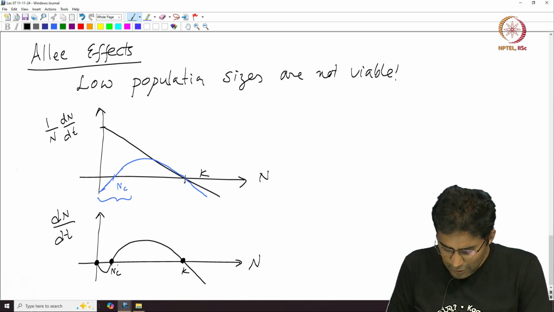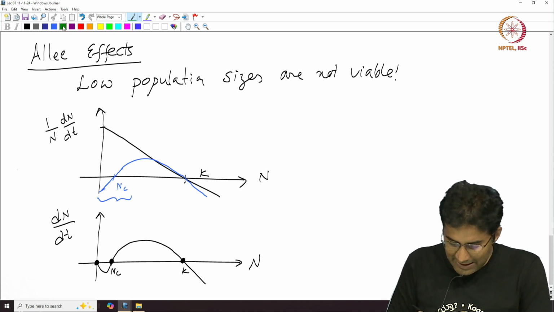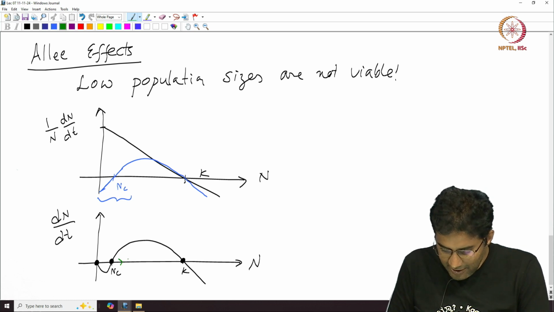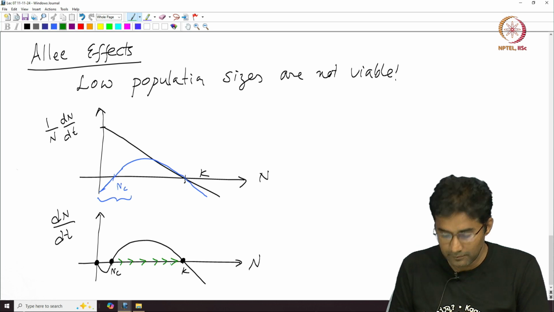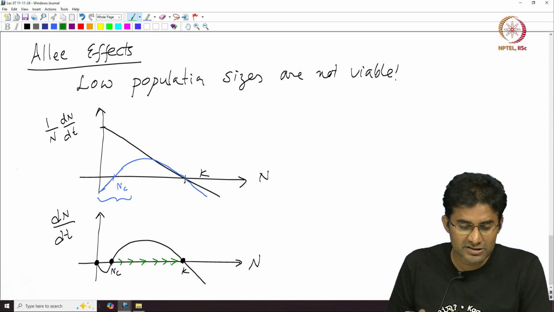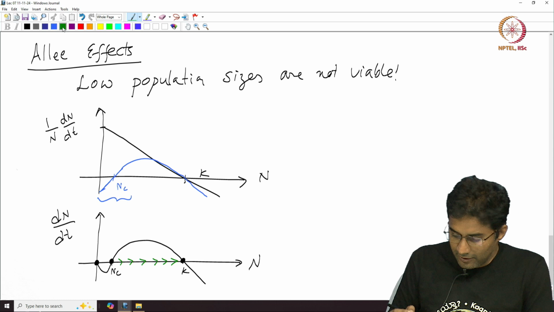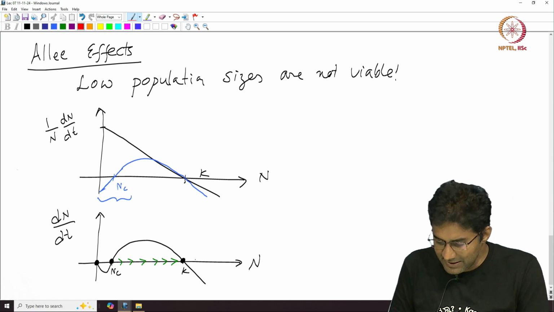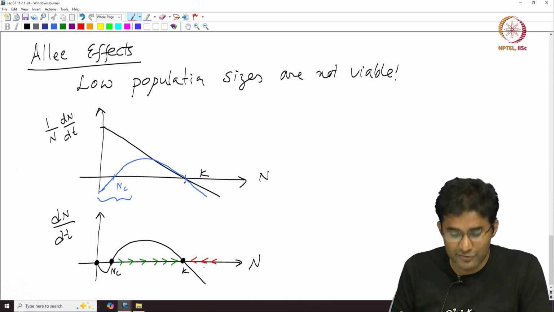Let us look at this window between NC and K. In this window the population growth rate is always positive, therefore anywhere I start in this window the population will increase. Again, as in the logistic model, if I go beyond carrying capacity, the growth rate will be negative, therefore the population will reduce in size.